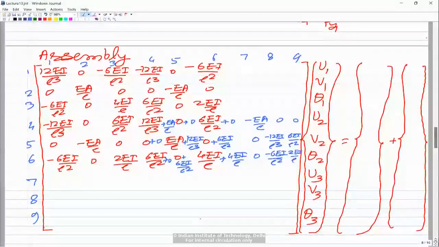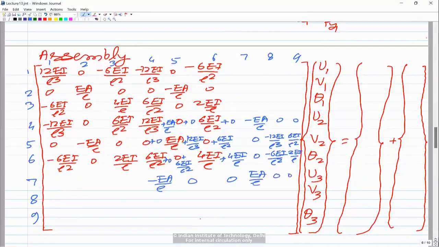Then the seventh row will start from the fourth column. So we will have minus EA by L, and then 0, 0, and then EA by L and 0, 0.